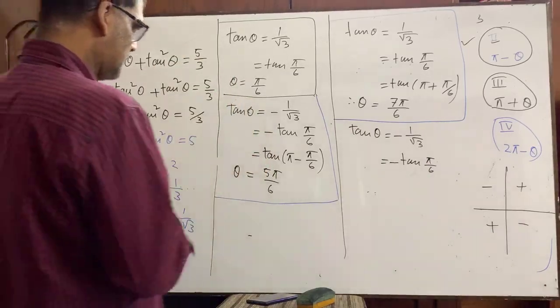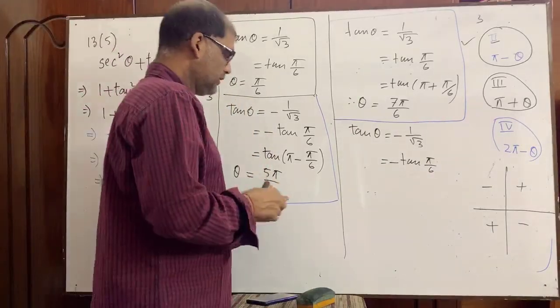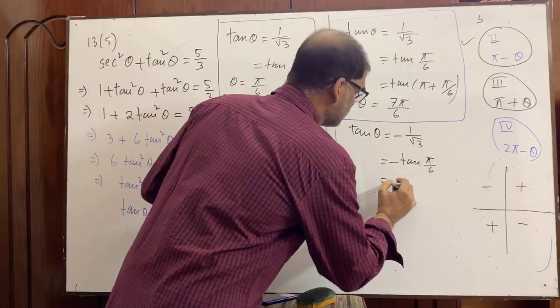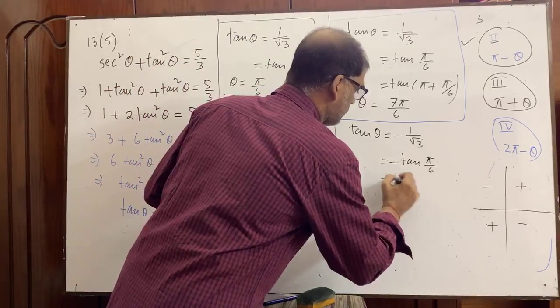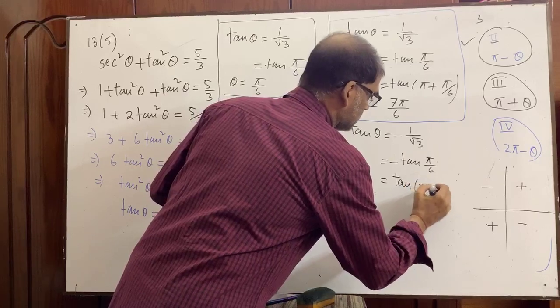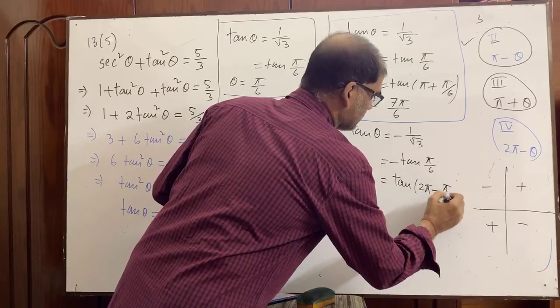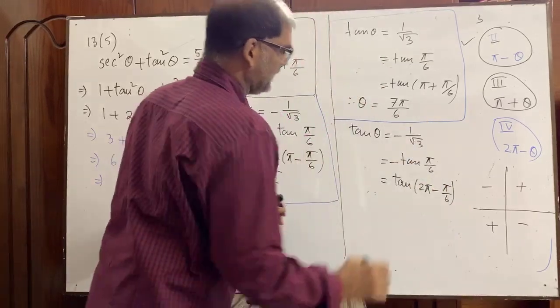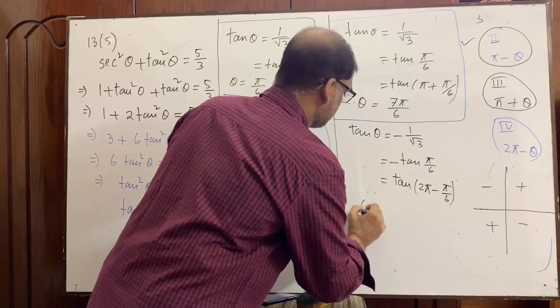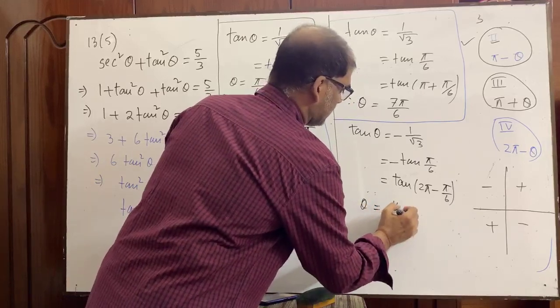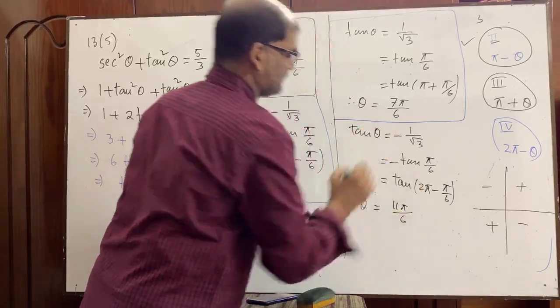So write down here tan of 2 pi minus theta, theta equals to 11 pi by 6.